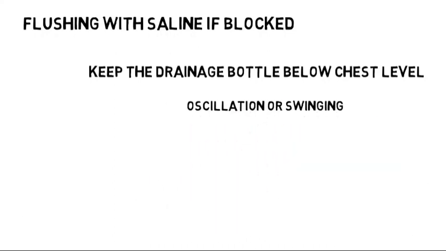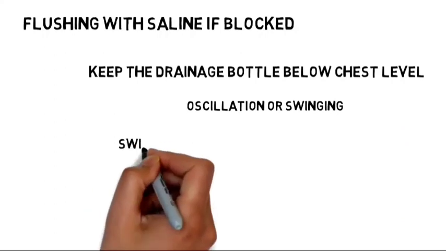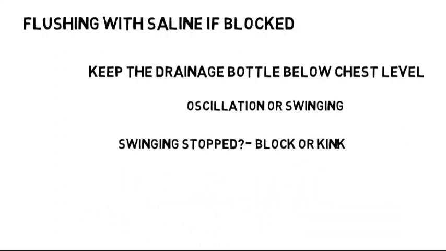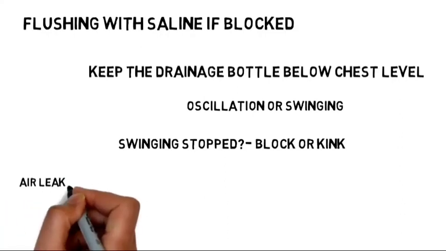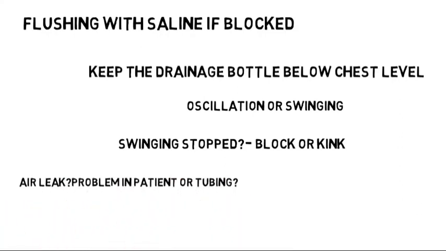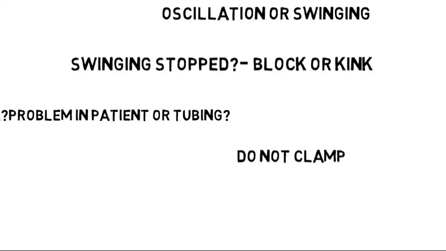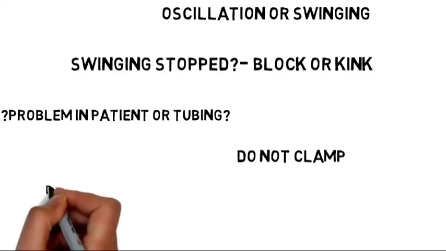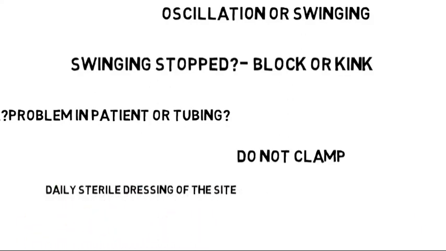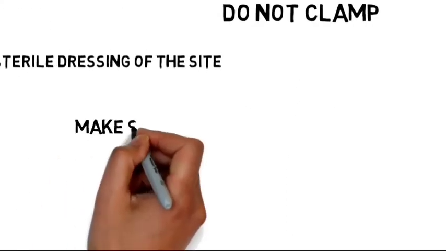Oscillation or swinging. Always keep an eye if there is oscillation or swinging present or not. If swinging is stopped, there may be block or kink. If there is air leak, problem may be in patient or in tubing. And do not clamp. Put daily sterile dressing of the site.